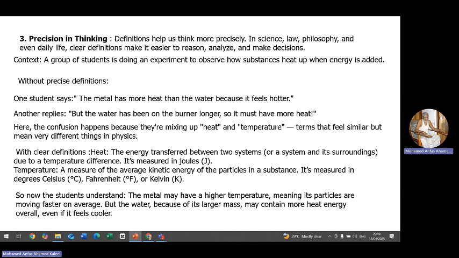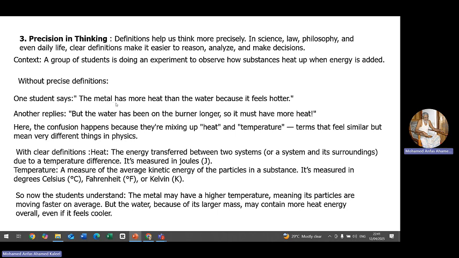Without a definition in this context, one student says the metal has more heat than water because it feels hotter, since it heats immediately.